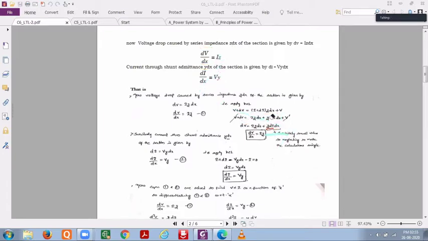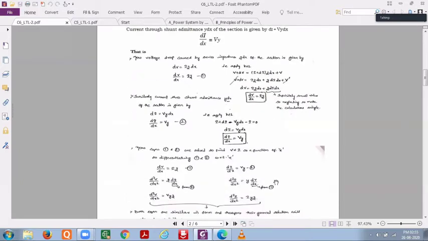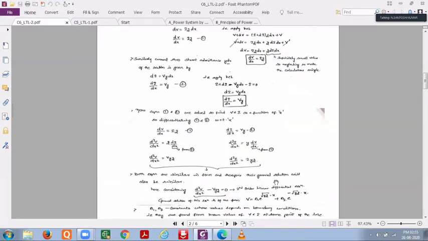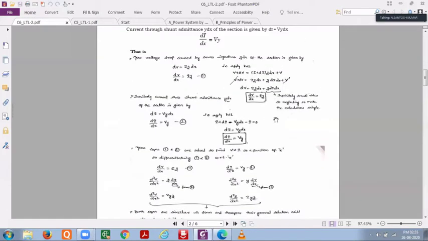So now, if we see here, we need to differentiate these equations 1 and 2, which are dv by dx equal to Iz, and di by dx equal to Vy. We are supposed to differentiate these with respect to x.